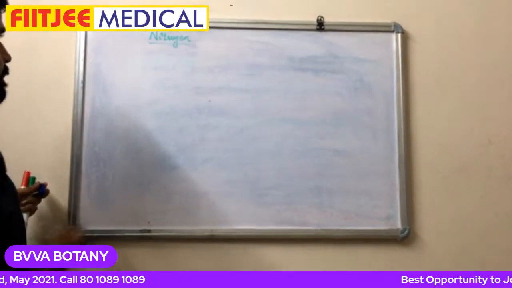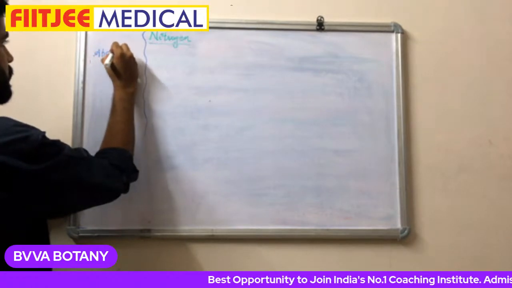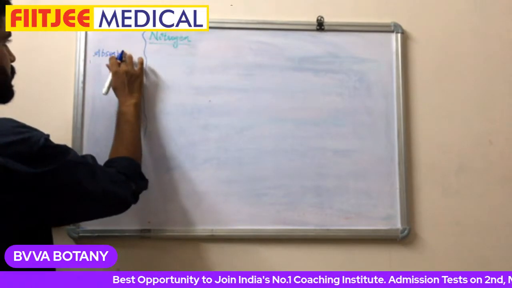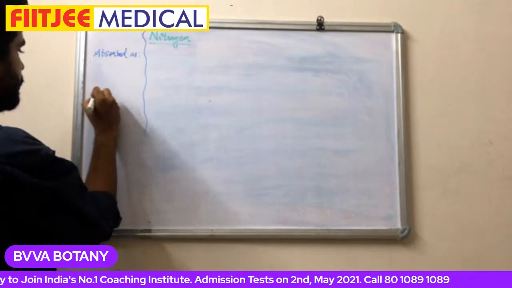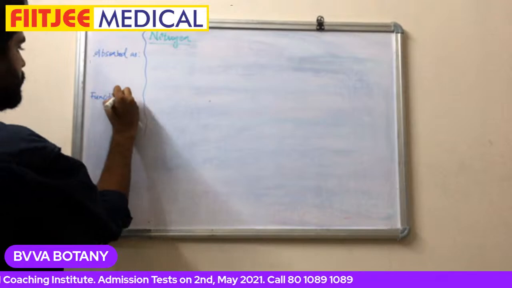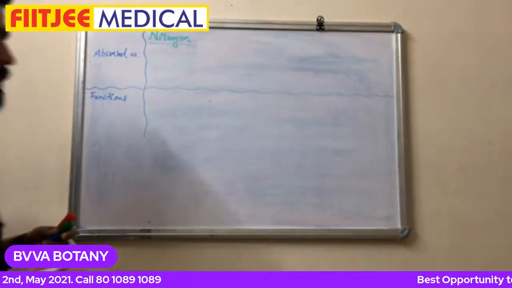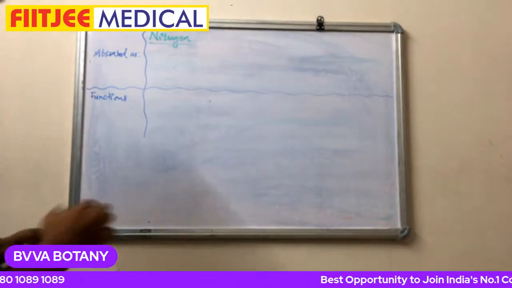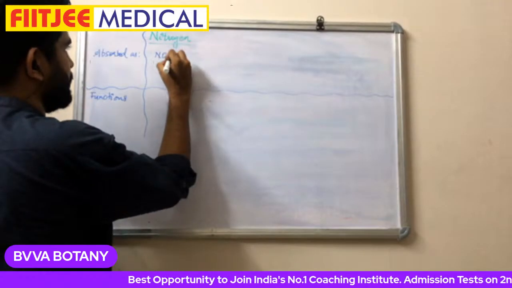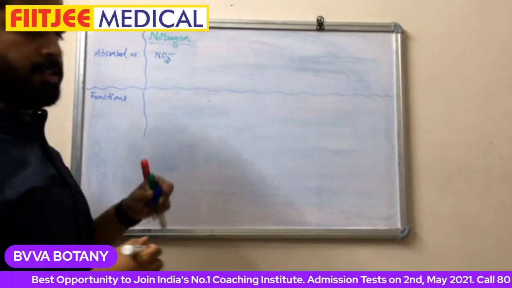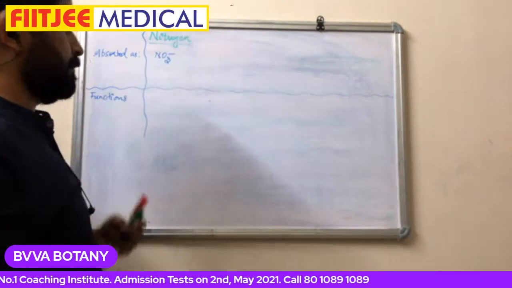In nitrogen, we will study how it is absorbed and its functions. Nitrogen is absorbed in the form of NO3, nitrate. Sometimes as nitrite and ammonia also, but mostly the plant prefers the NO3, nitrate form.